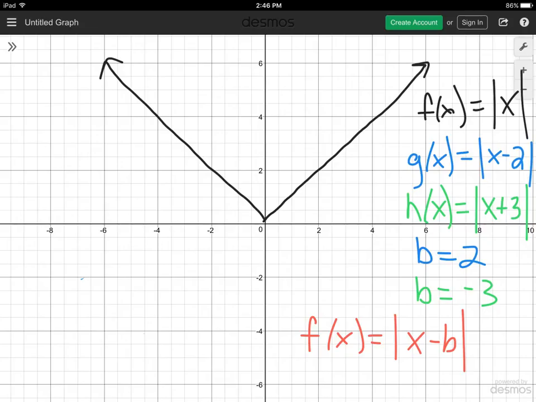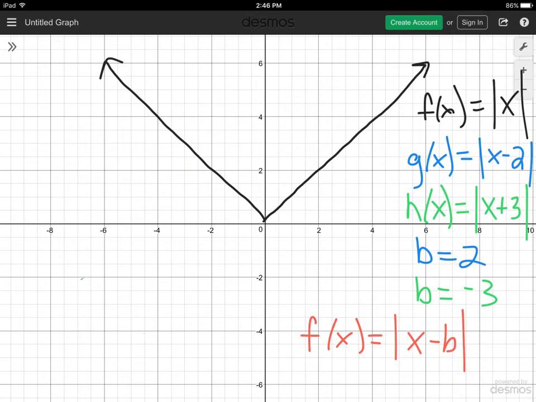So let's move on to talking about B. I have two functions. Again, I have the original f of x equals the absolute value of x. And we're going to see how B moves around. Now, you may be looking at these and saying, well, it looks like the B value here is negative 2, but I'm writing down positive 2. And then you might be saying, well, it says x plus 3, but I'm writing down that B is negative 3.